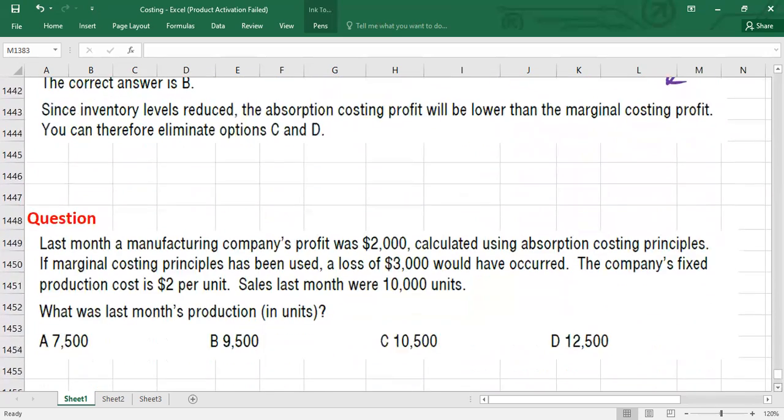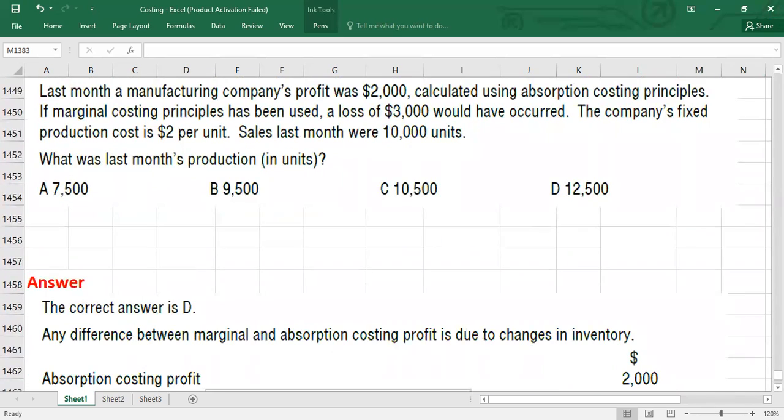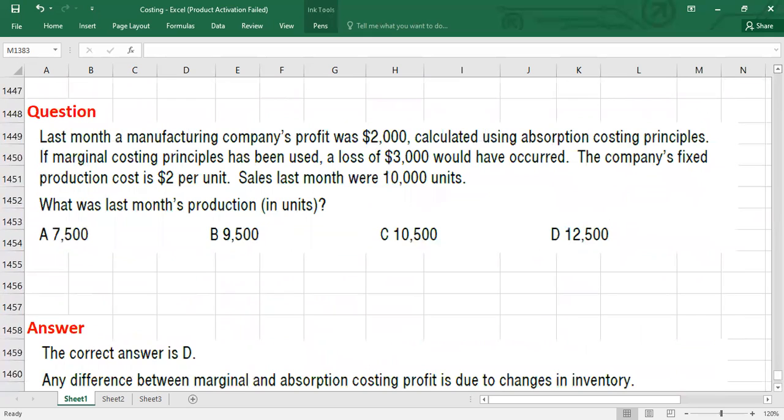Let's have a look at another example. This is a bit complicated because here we have some other things to calculate. For example, last month a manufacturing company's profit was $2,000, calculated using absorption costing. If the marginal costing principle had been used, a loss of 3,000 would have occurred.